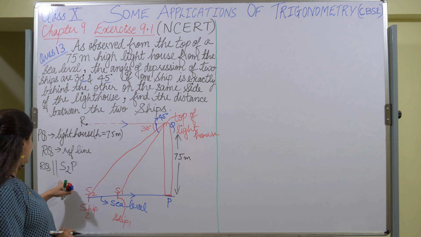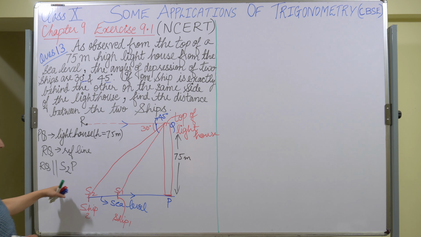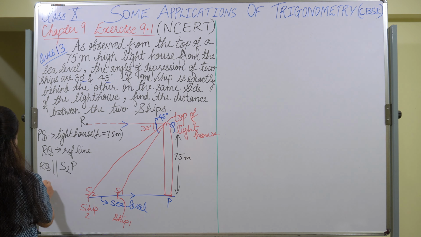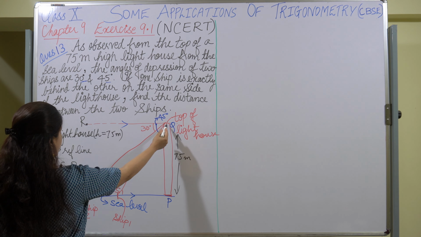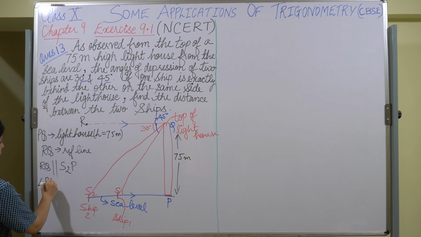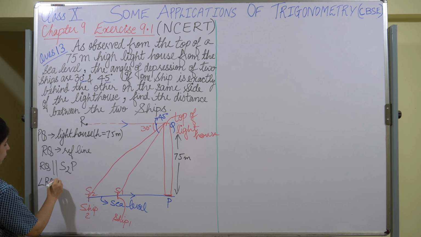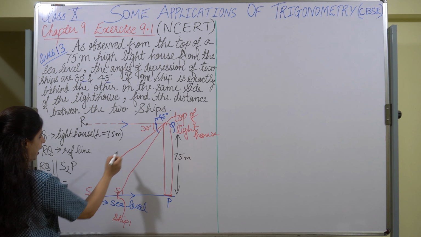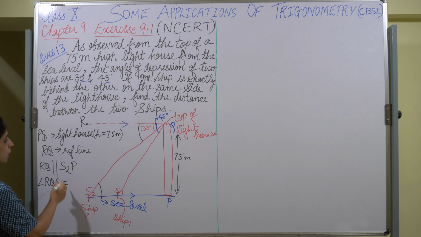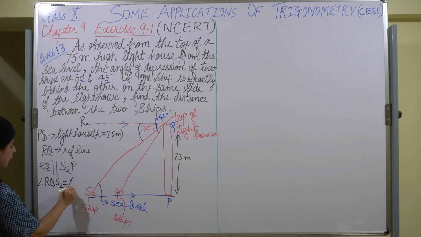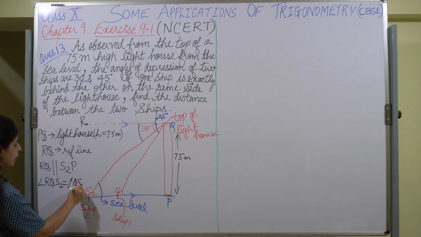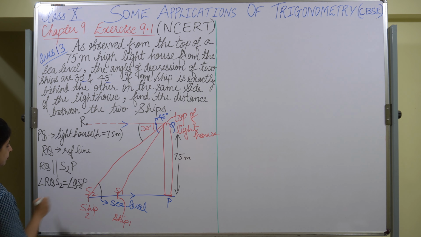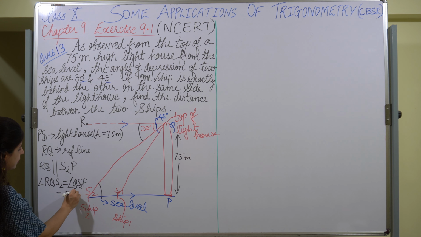Since RQ is parallel to S2P, we can easily say that angle RQS2 is equal to angle QS2P, which is equal to 30 degrees.